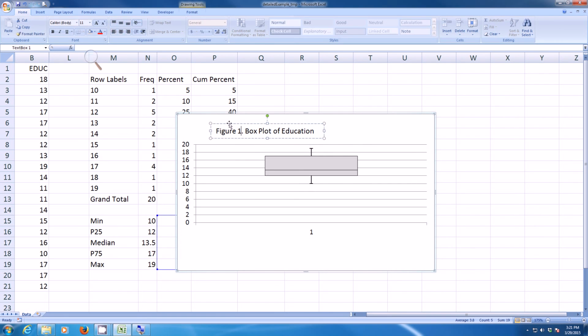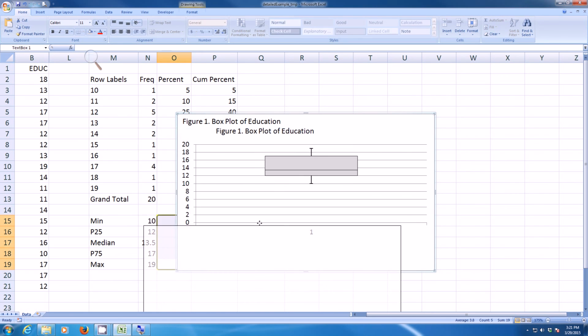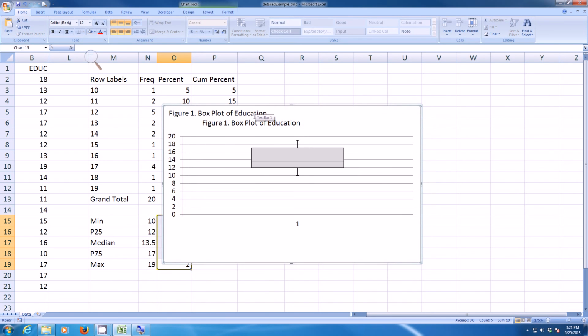And then we can put in another text box that will include, whoops, our source information. So let's say source GSS 2012, and then n equals 20 cases.